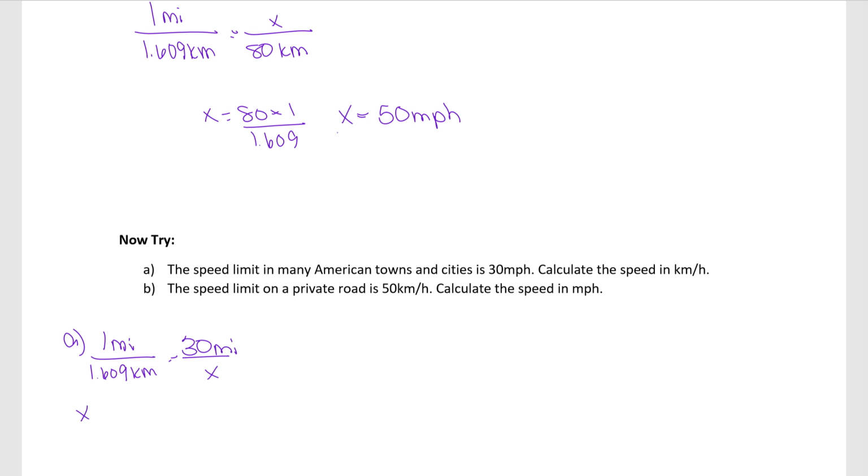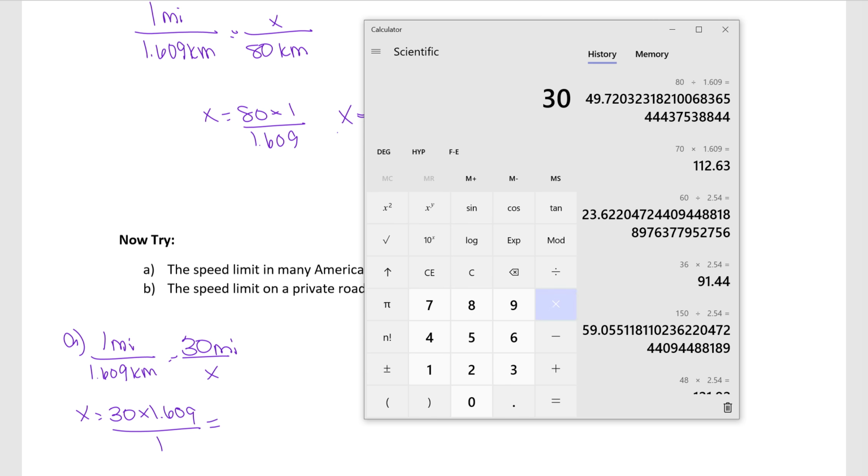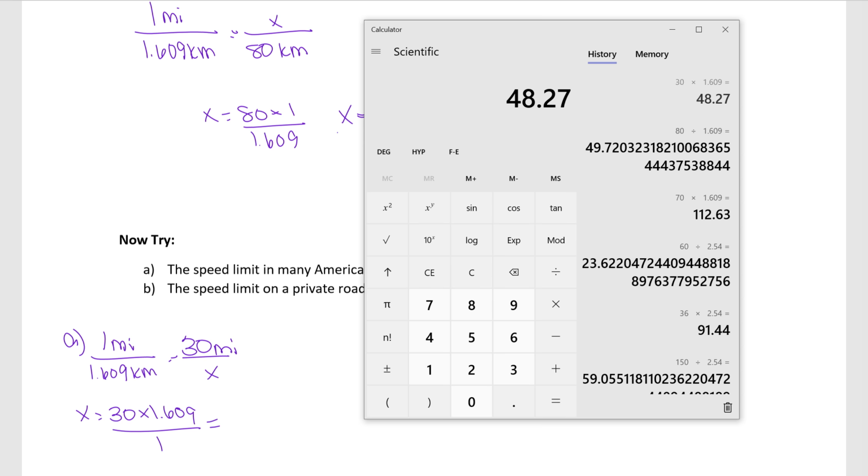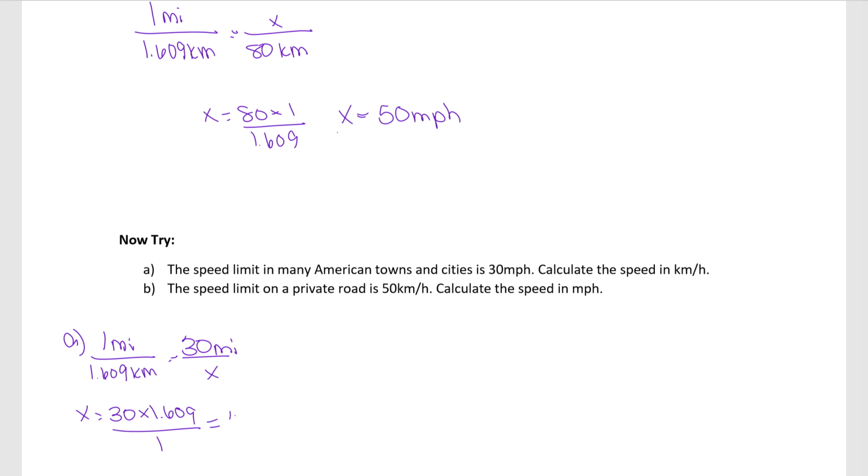So we end up with 30 times 1.609. And we get 48.27. So we'll say 48 kilometers per hour. So 30 miles per hour is about 48 kilometers per hour.